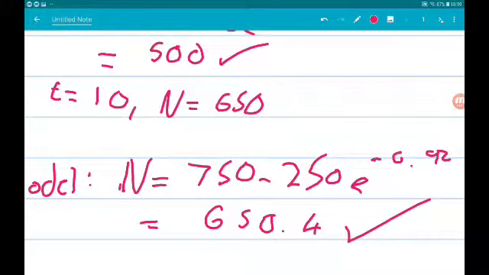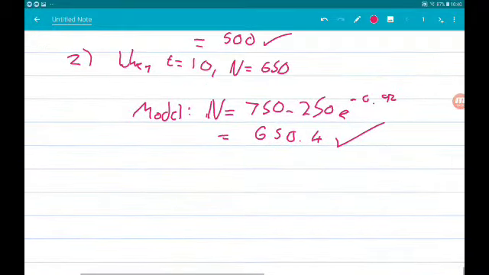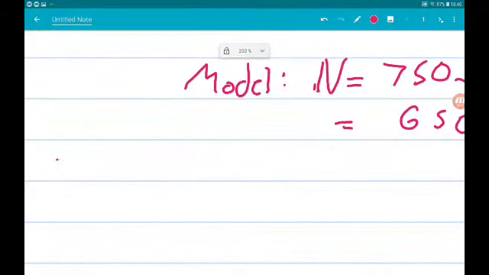Okay, now for the third one, we need to ask ourselves, what else do we know? We know that the population will oscillate around 750 and the oscillations become smaller and smaller. So that means the population needs to tend to 750. So, let's look at the exponential term.